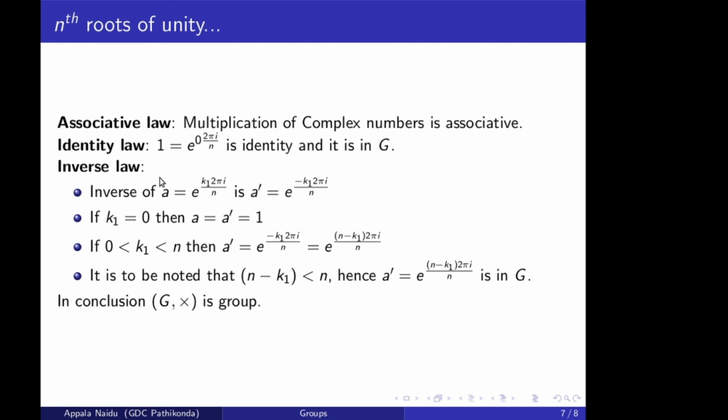So since G satisfies all 4 laws, closure law, associative law, identity law and inverse law, G is a group with multiplication. That is, the set of nth roots of unity forms a group with multiplication.